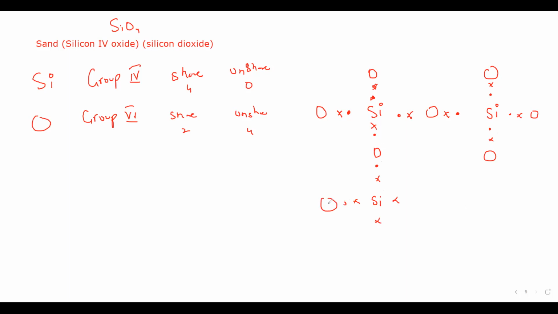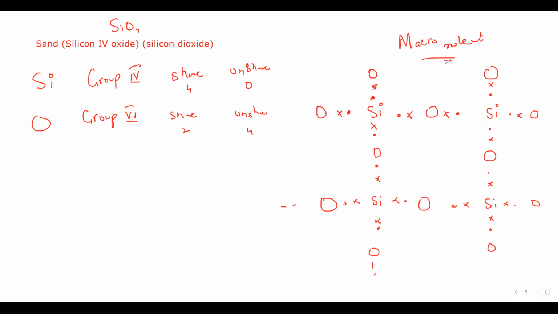It will form a bond with oxygen. Then there will be another silicon which will form a bond with oxygen. So there are a lot of silicon and oxygen atoms in the structure. When there are a lot of atoms in the structure, what do we call it? We call that a macromolecule.